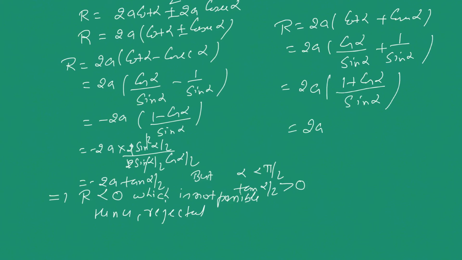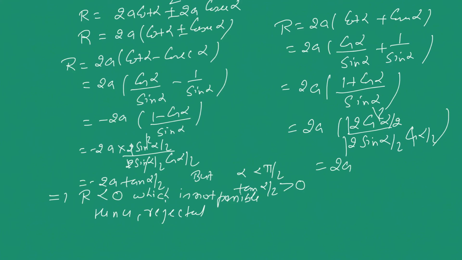This will be 2 cos square alpha by 2 divided by 2 sin alpha by 2 cos alpha by 2. This will cancel out, this will cancel out. So we are left with 2a times cot alpha by 2. So the range is equal to 2a cot alpha by 2.